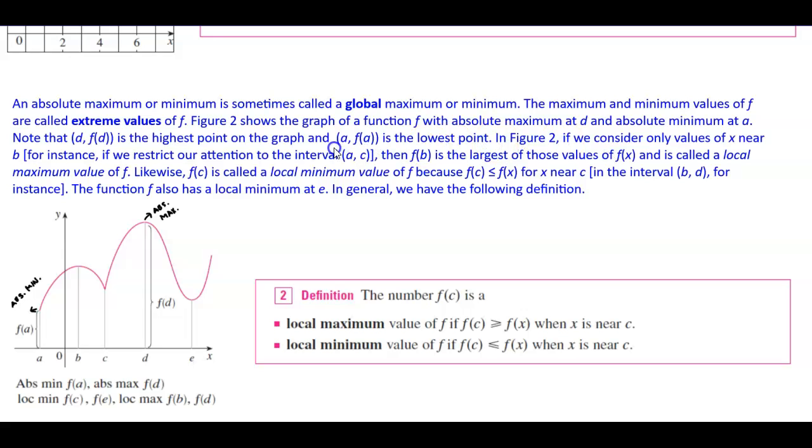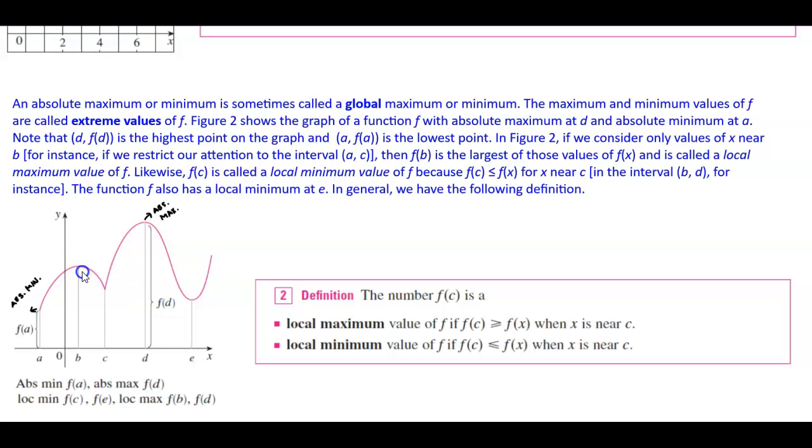Now, note that f(d) is the highest point on the graph, and f(a) is the lowest point on the graph. Also in the figure, if we consider only values of x near the value of b, so for instance, if we restrict our attention to the interval in between a and c, then f(b) is the largest of those values of f(x).